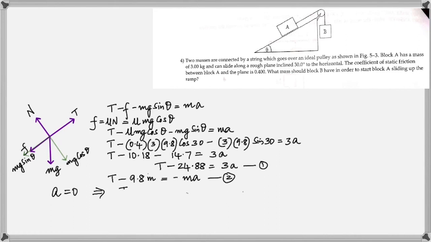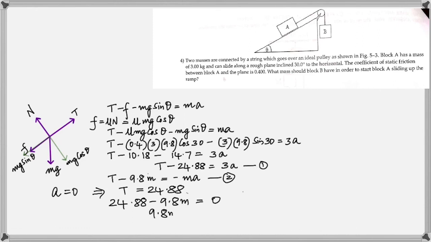And so once you plug in the value of acceleration is 0, from equation 1, because this becomes 0, then you know the tension is 24.88, and then plug it back into this. So 24.88 minus 9.8 times the unknown mass becomes equal to 0, from which we are able to calculate the mass of the unknown object. So we will get the answer.